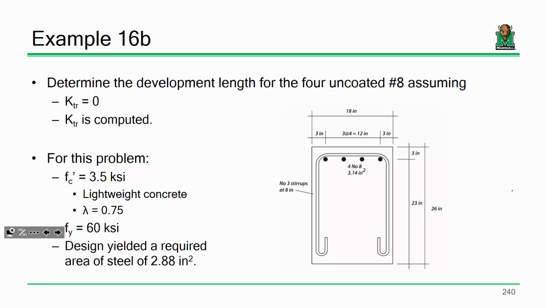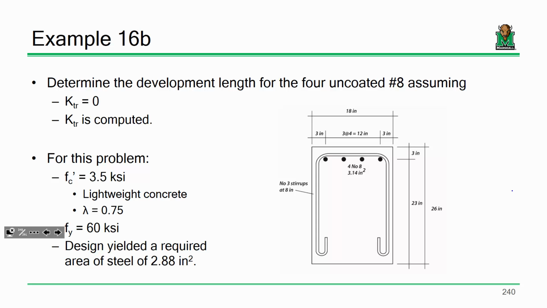Okay, now, we have 4 number 8s. We have KTR is 0. KTR is computed again. Want to make sure everybody's comfortable with all that. 3.5 KSI concrete, 60 KSI steel. When we designed the beam, when we did our design calcs, we said we needed 2.88 square inches of steel.